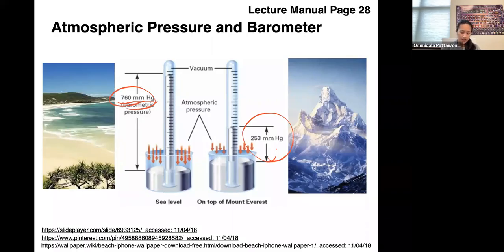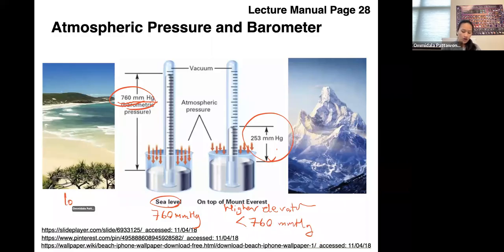Okay, so let's summarize this. Sea level would be 760 millimeters of mercury, right? If you are going to a higher elevation, then the value of atmospheric pressure would be less than 760 millimeters of mercury.